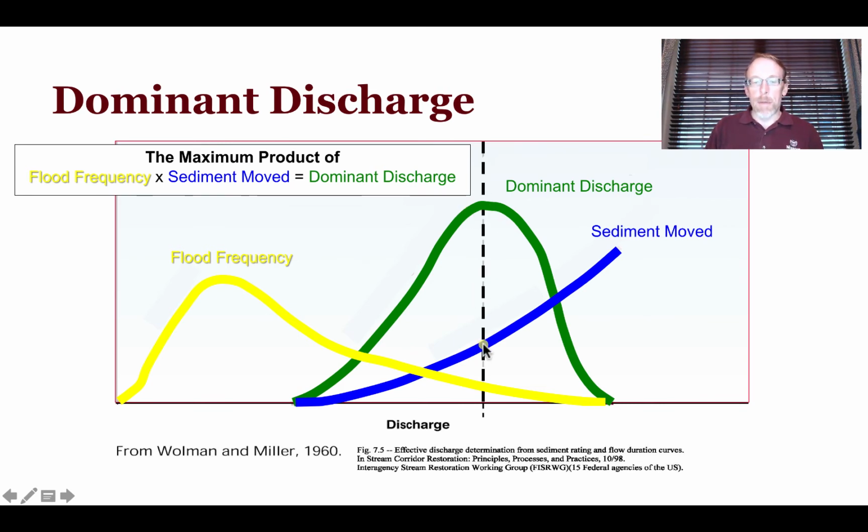It's not the most frequent, it's not the least frequent, it's sort of an in-between. It's not the discharge that can move the most sediment. It's sort of in between, but because the frequency is high enough and the amount of sediment moved is high enough, when you put them together, you get that dominant discharge that is going to correlate in a stream at equilibrium with Bankfull discharge.